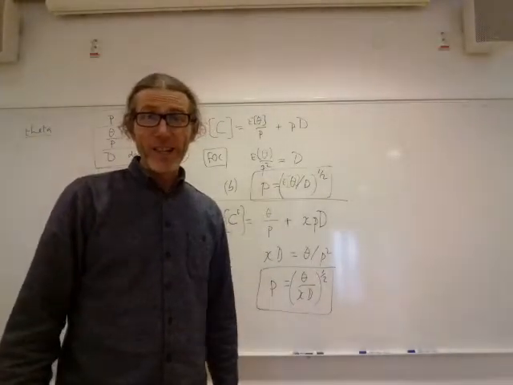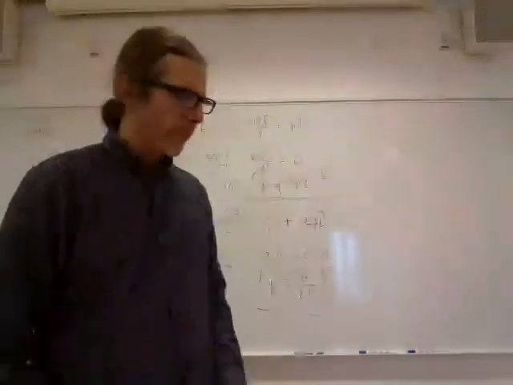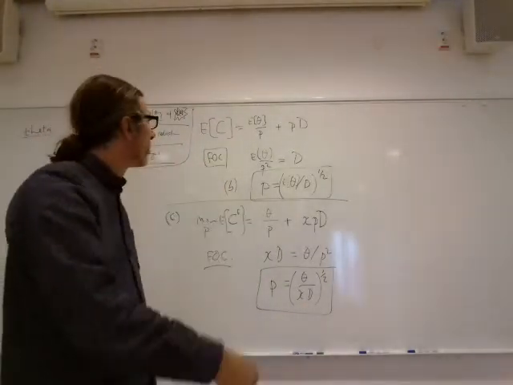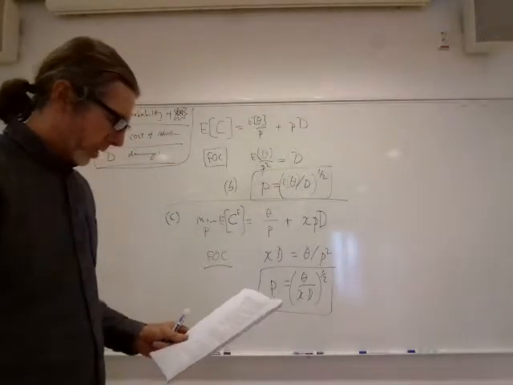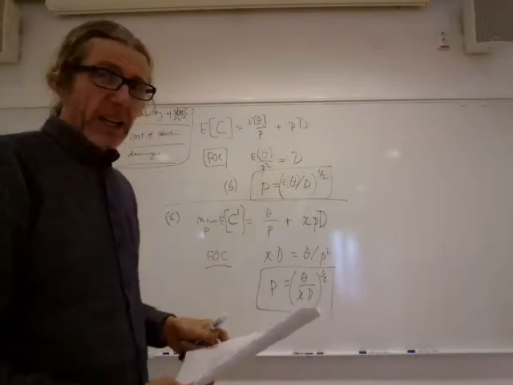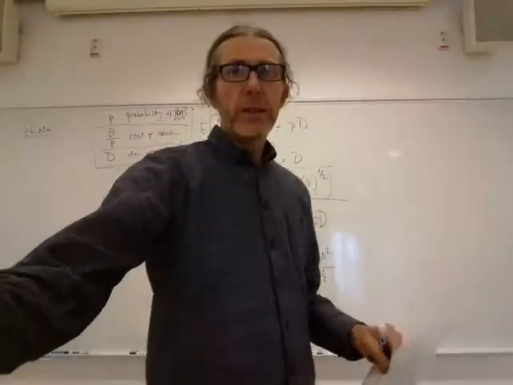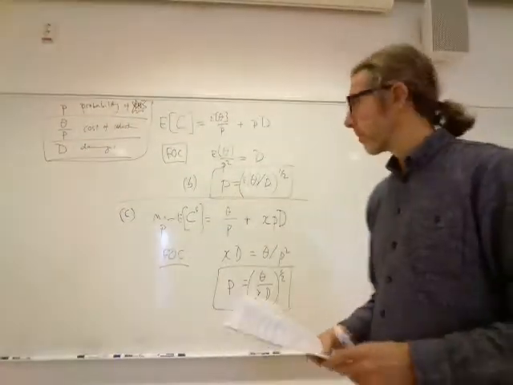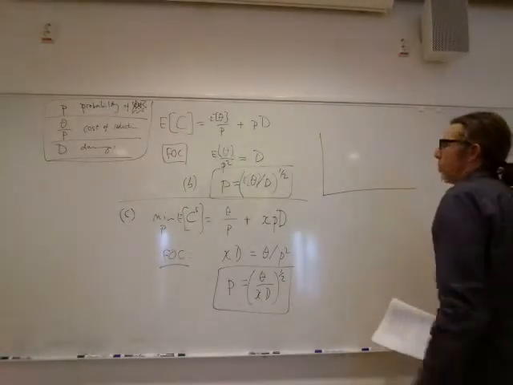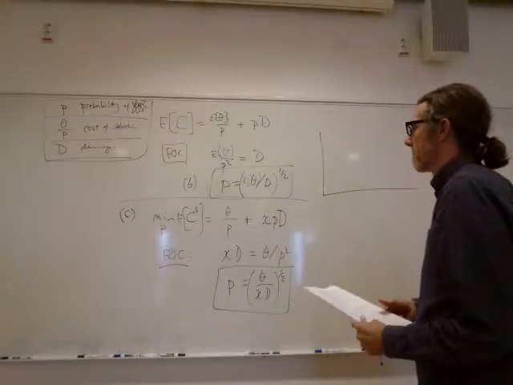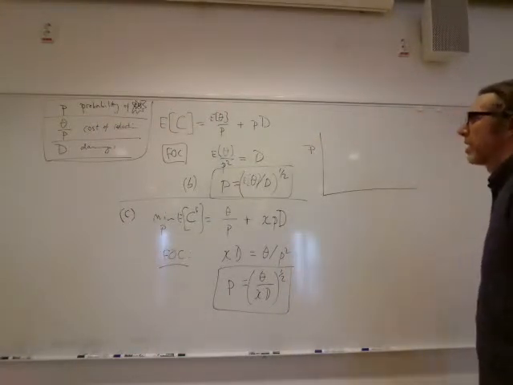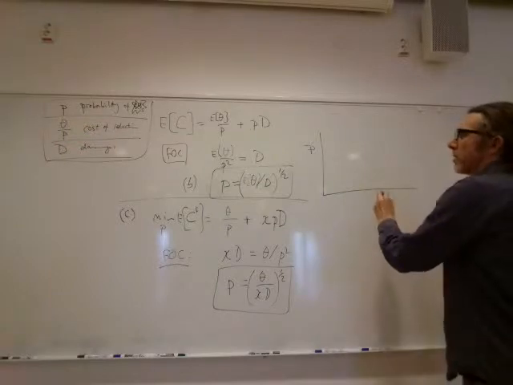Okay, and now the tricky bit, part D. So what should the regulator do? How can we analyze this? So why don't we look at P, the accident probability, as a function of theta.